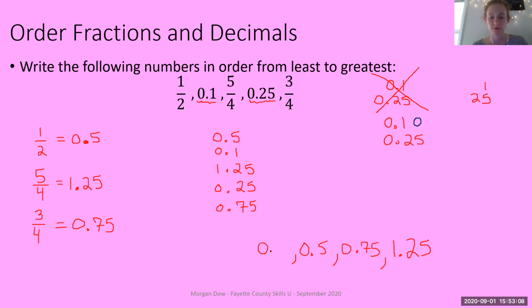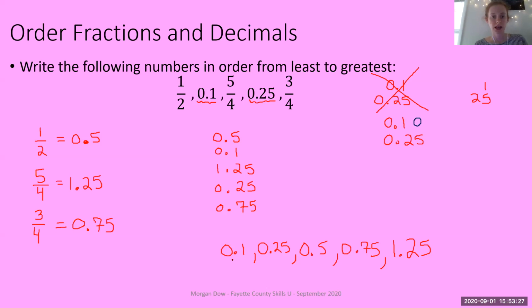Next smallest. And finally we get to 0.1. That's going to be our smallest number. So that is the list of our numbers in order from least to greatest.